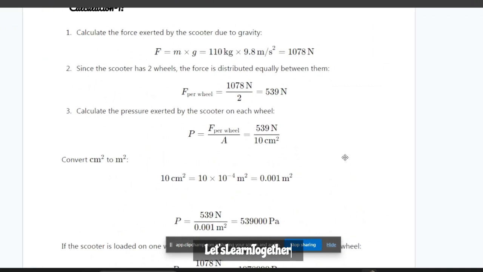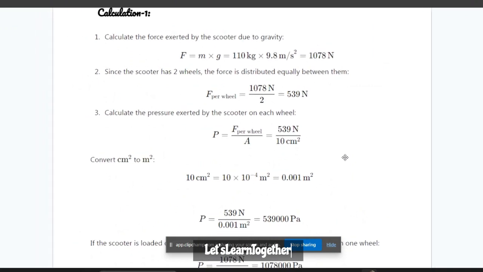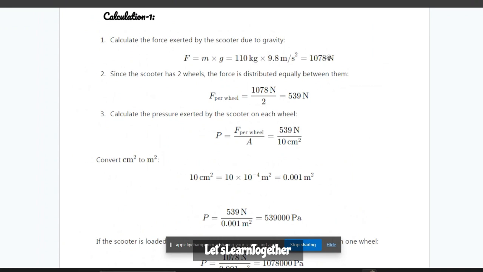Look, as per the question, this scooter has two wheels, right? So both of those wheels' areas were given, and they told you at first to find out the pressure that was applied by the scooter on each of those wheels.